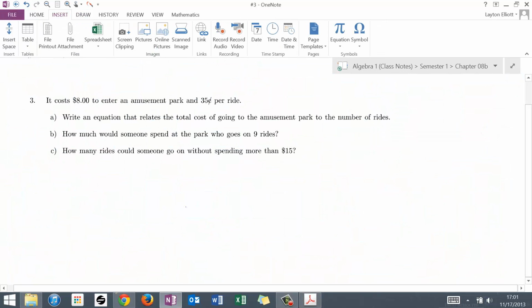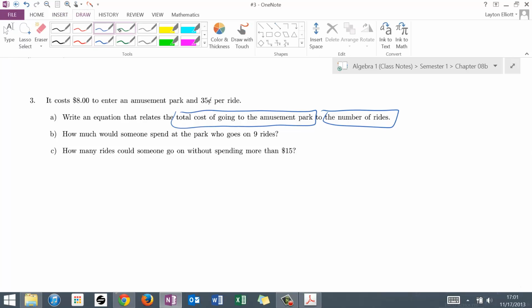Like before, I'm using a lot of space. It wants me to write an equation that relates the total cost of going to an amusement park to the number of rides. This dates back to when they would charge you a small amount to enter a park, but then they charge you a cost per ride. So let y equal the total cost.